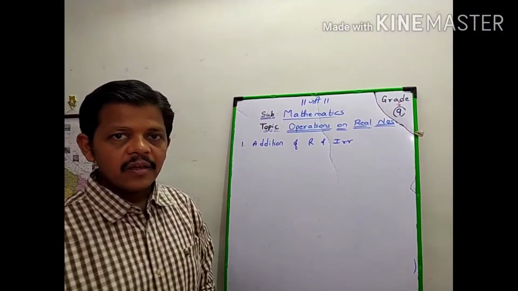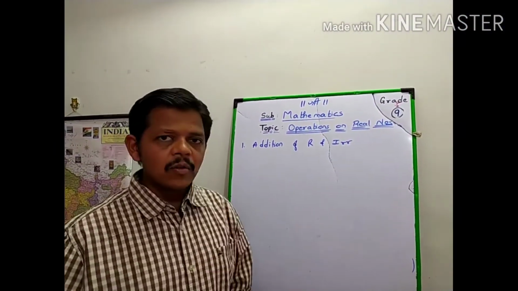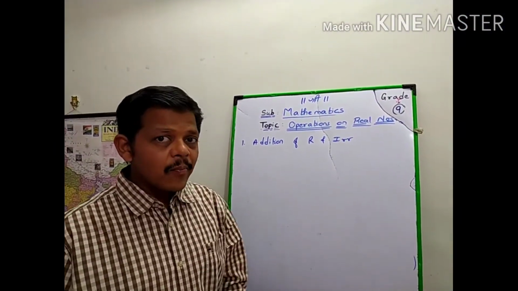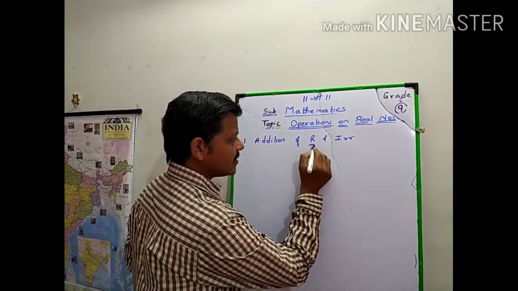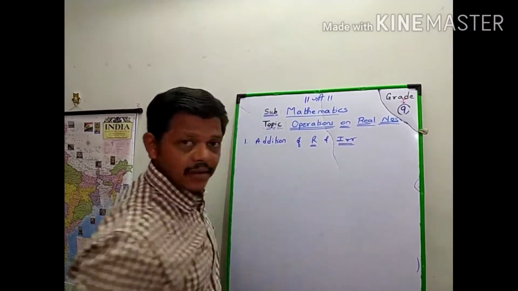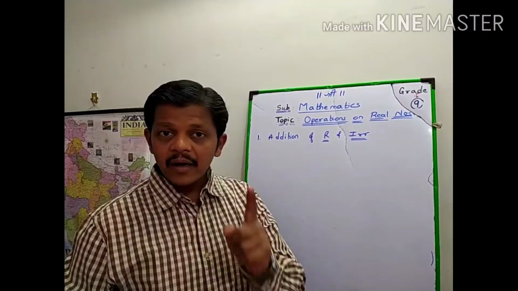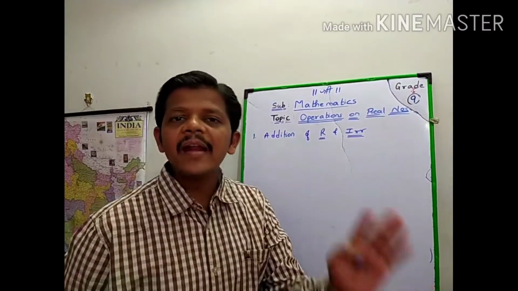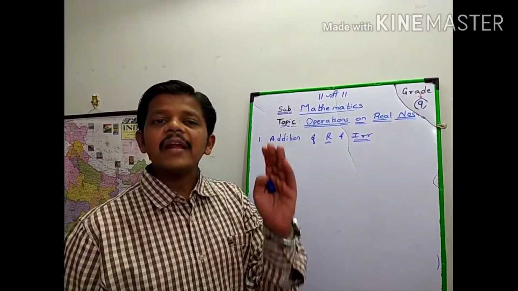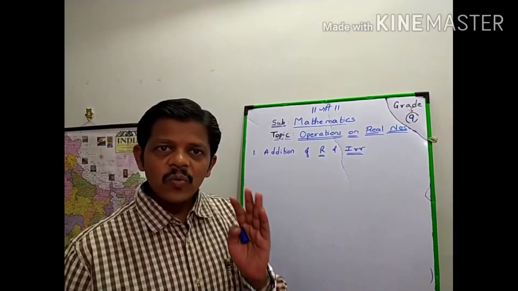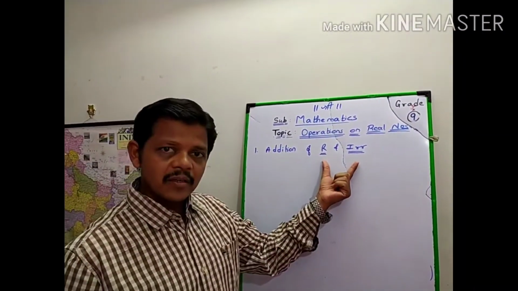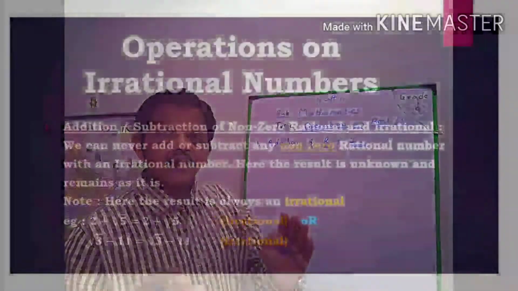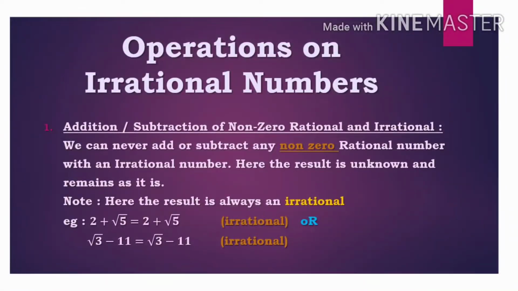See, you can see here on the board, very important point: a rational and an irrational number can never be added or subtracted. I am repeating, it remains as it is. So whenever you have a question of combination of rational and irrational, the answer will remain the question itself, the equation itself.